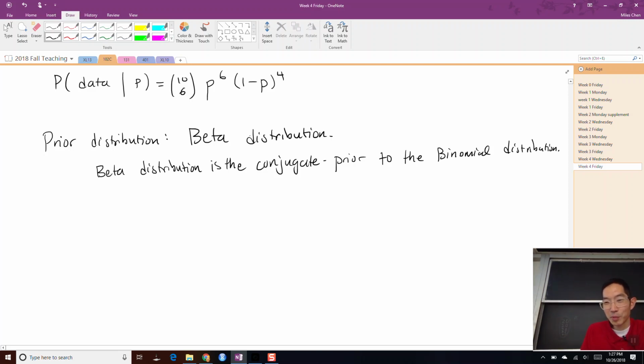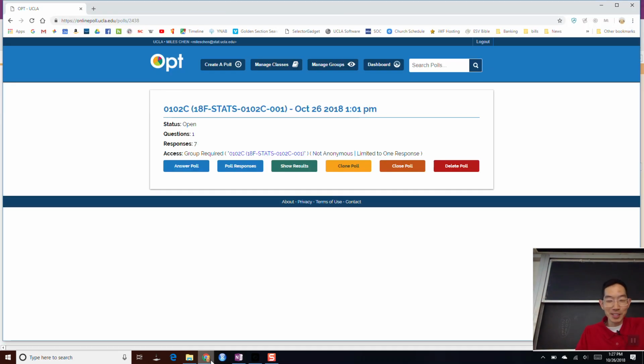What does that even mean, right? What exactly is the definition of conjugate? I think it means that they go well together. Maybe we'll find something we didn't want to find out.